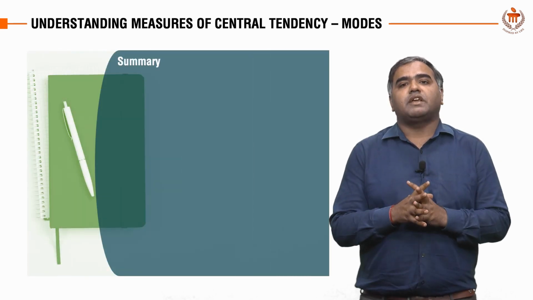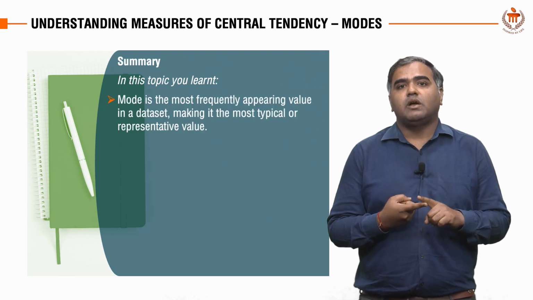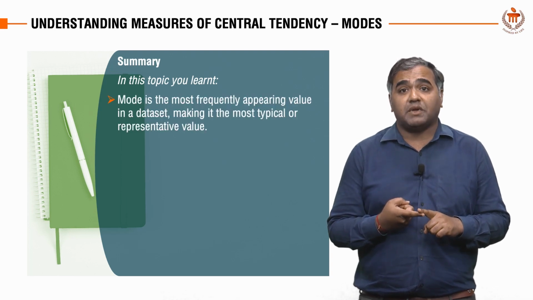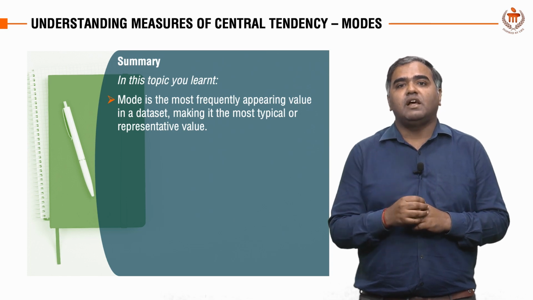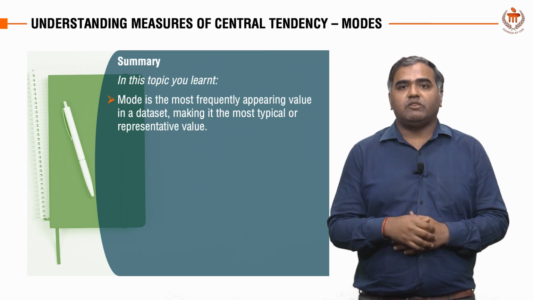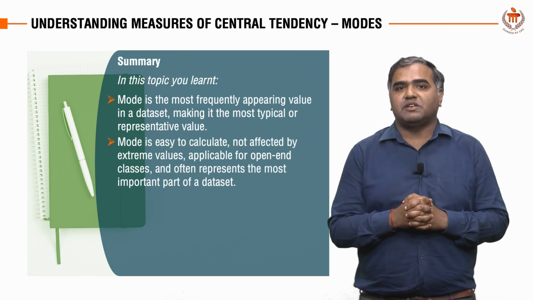So in this topic, we have learnt about mode. Mode is the most frequently appearing value in the data set, making it the most typical or representative value. Mode is easy to calculate and not affected by extreme values.